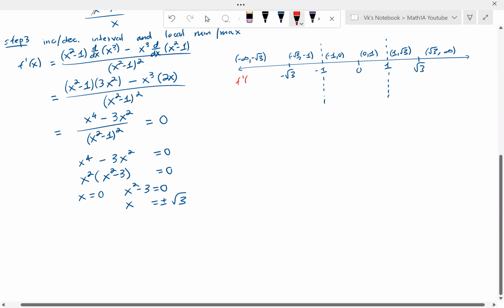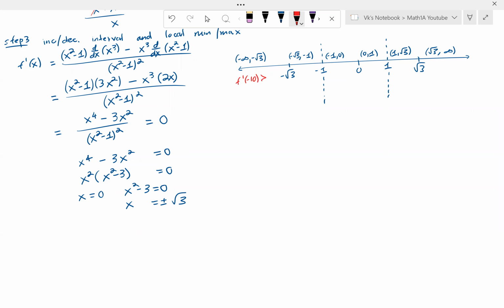f prime of negative 10 is more than 0, so f(x) is increasing. Pick f prime of, let's say, negative 1.1.